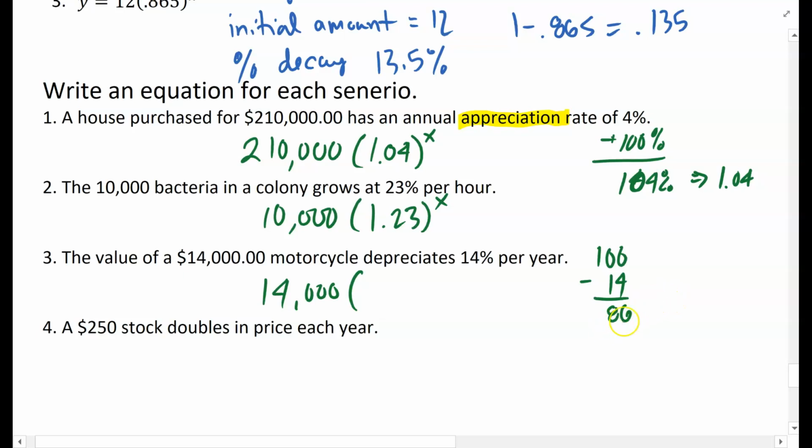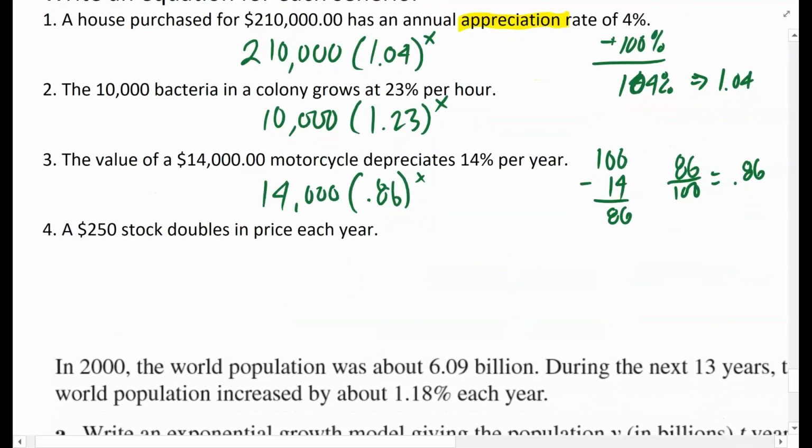If we divide this by 100 to convert it into a decimal, we get 0.86. So if you're losing 14%, then your value is worth 86%. So 0.86 is our multiplier, our decay factor.